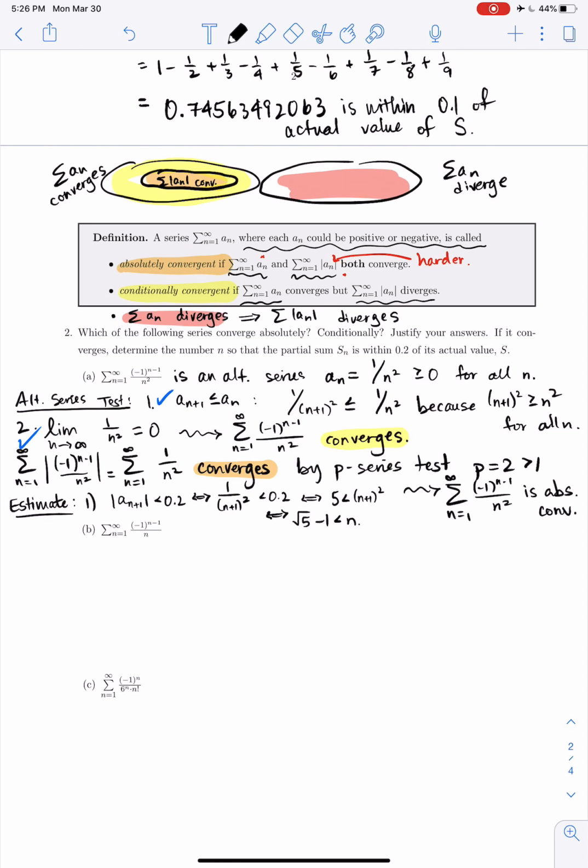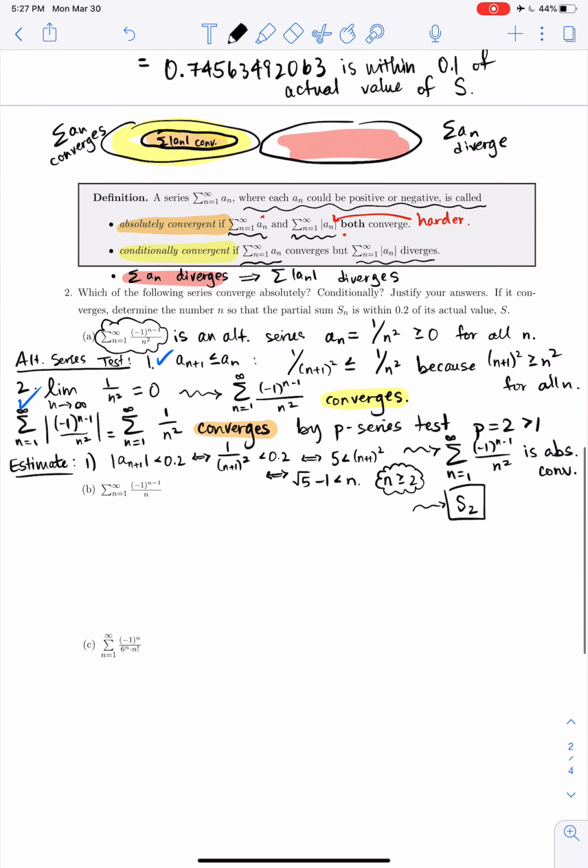Okay, so n being greater than or equal to 2 will actually give you an estimate that is within 2/10 of the actual value. So I'm not going to do that, but your answer then would be compute s sub 2. That value of computing s sub 2 will be within 0.2 of the actual value of this original series.